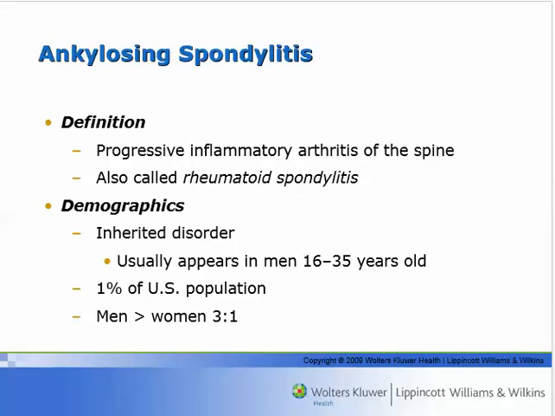Usually it appears in men, and it runs in families. Way more men than women get it. And it usually comes down through the father for some reason. It's not on the Y chromosome, but it does have an inherited characteristic for it.